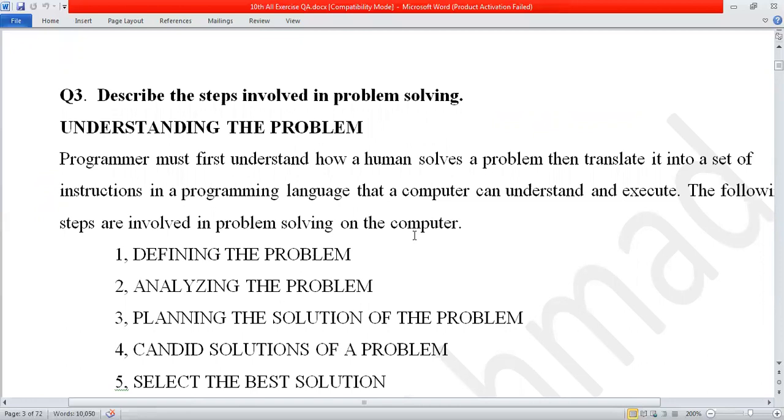If any organization asks you that we want to make a computer program for our company, then what to do? You must follow the following steps one by one, and we will discuss all of those steps here.